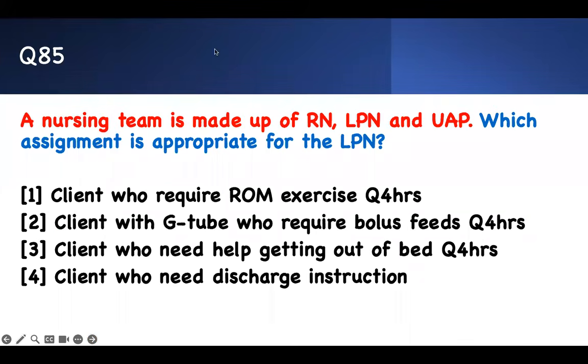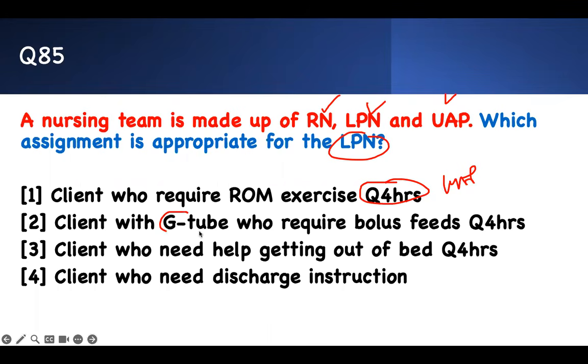And the last one for the road. Which assignment is appropriate for the LPN? We have a nursing team made up of RN, LPN, and UAP. Which one? A client who requires range of motion exercise every 4 hours. This will be done by the UAP. It does not require thinking.